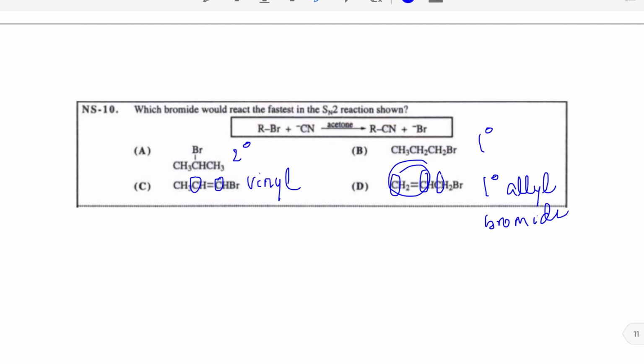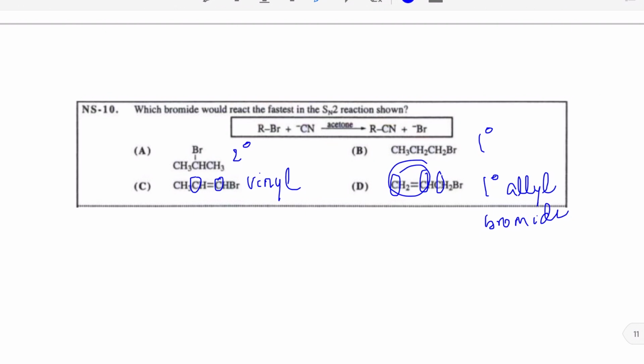So from our understanding of SN2 reactions, we know that, firstly, they only work with alkyl halides that have carbons that are all sp3 hybridized.